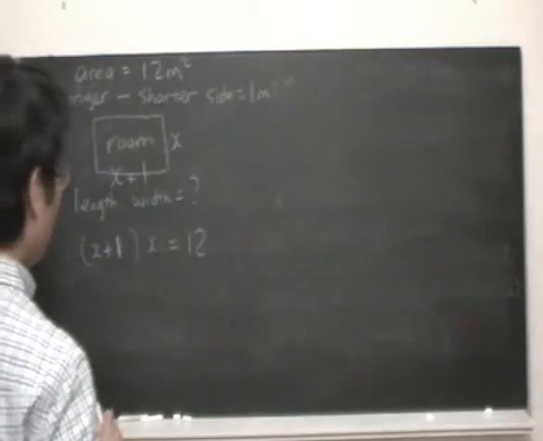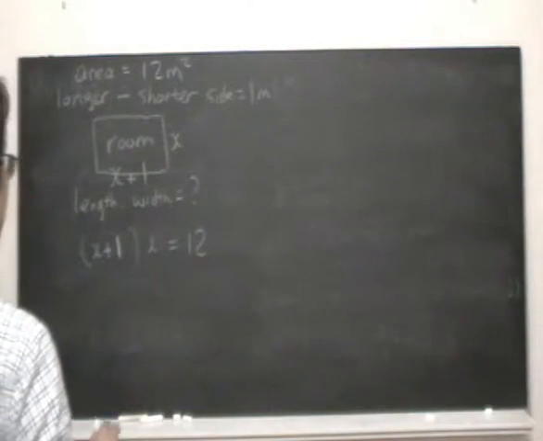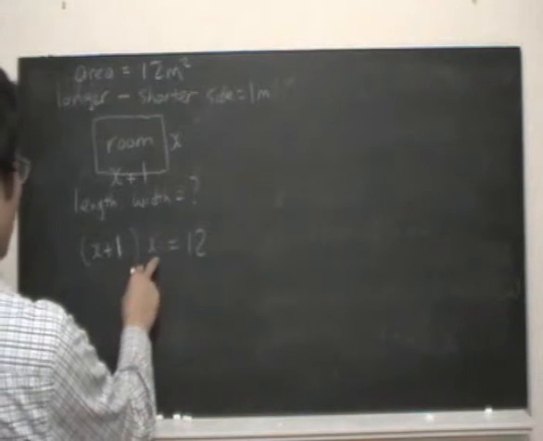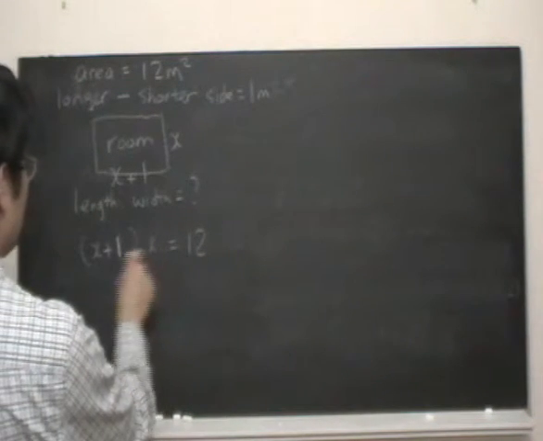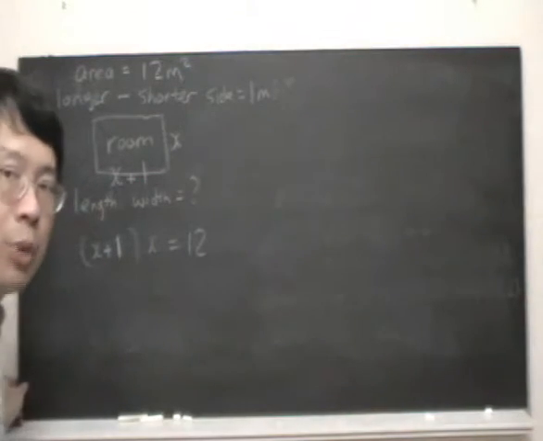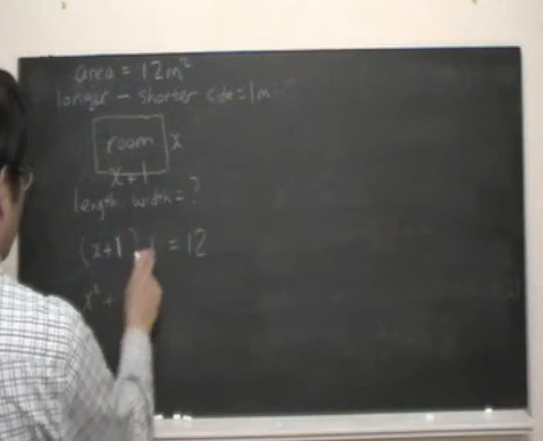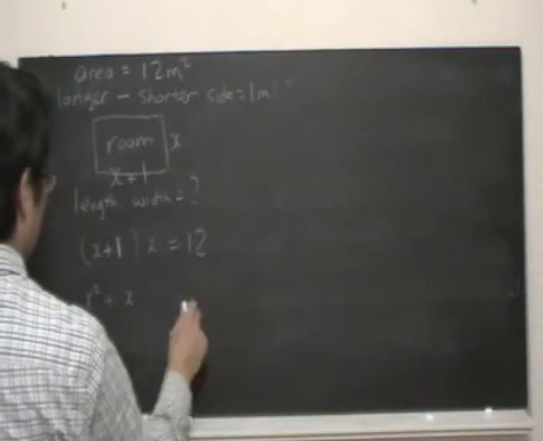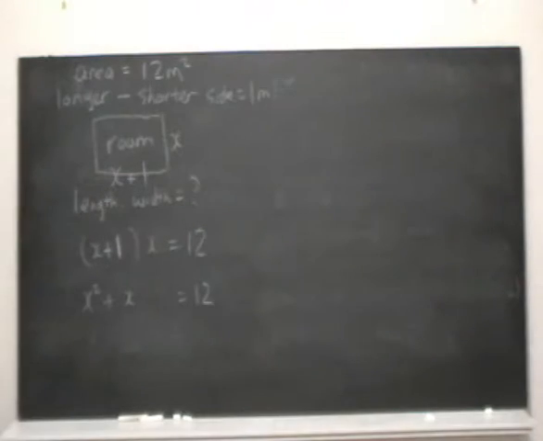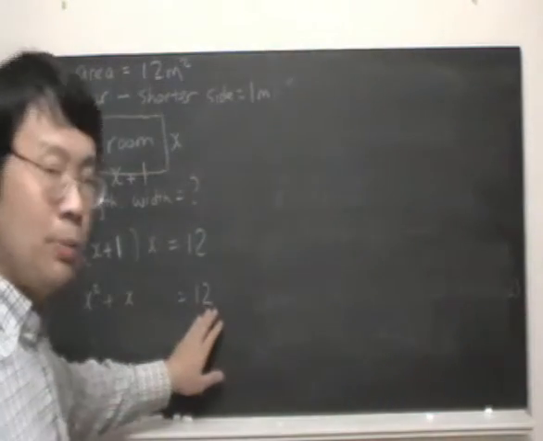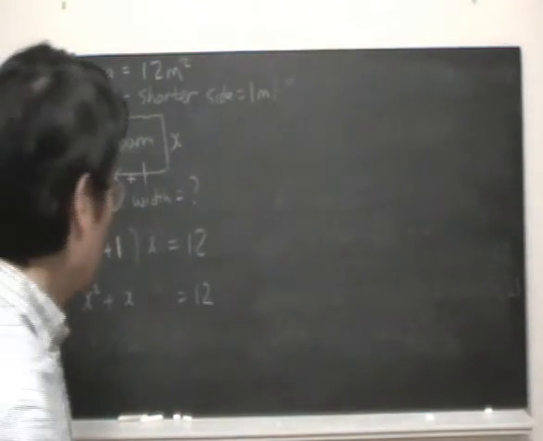So in the first step, let's remove the bracket. We have a bracket times x. So when we remove the bracket, we must multiply x by each term in the bracket. So x times x is x squared, x times 1 is x, and this is equal to 12. So now let's make the right side 0 to turn it into the familiar form.